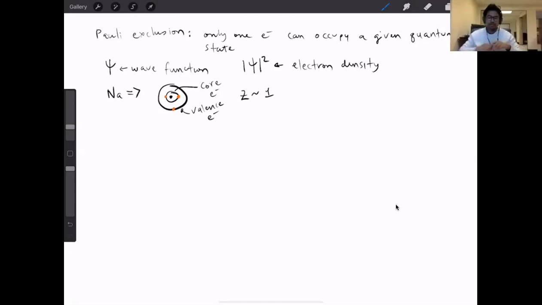Potassium, I think. Okay, potassium. In the same column, it's potassium. So 11 and then 19. Yep. All of those guys behave almost the same way.